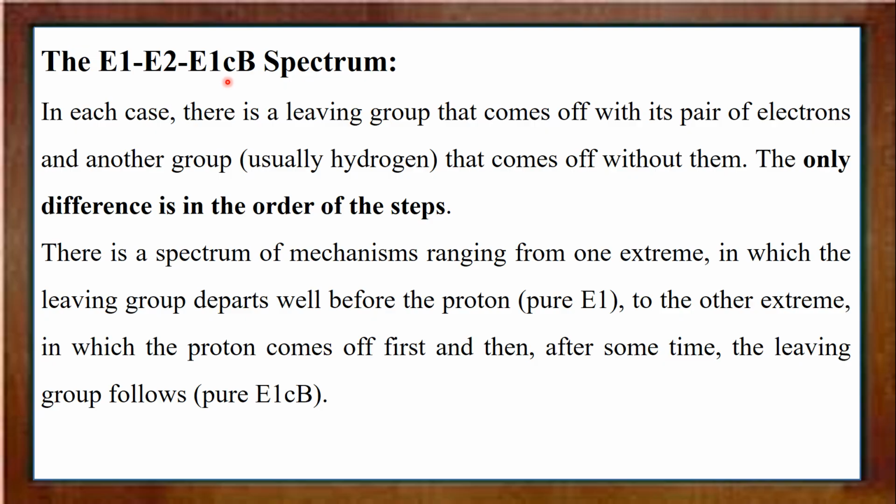In E1CB, deprotonation takes place first, resulting in the formation of a carbanion intermediate. In E2, both the nucleophilic and electrophilic groups are eliminated simultaneously, but in some cases not exactly simultaneously.